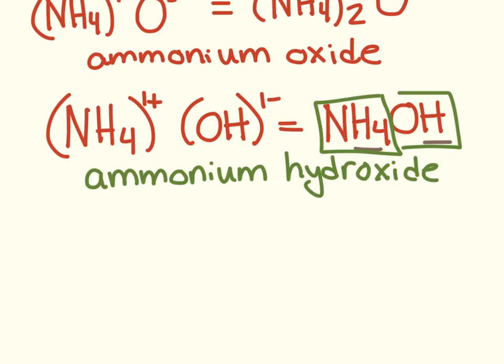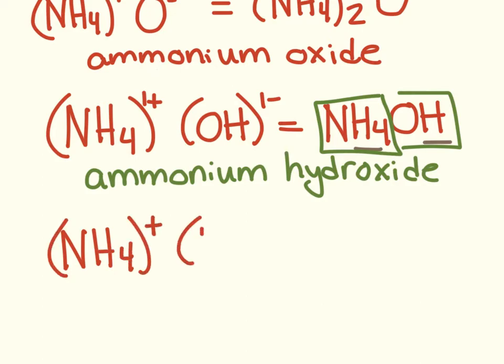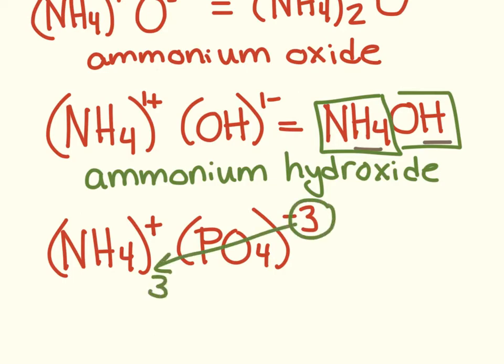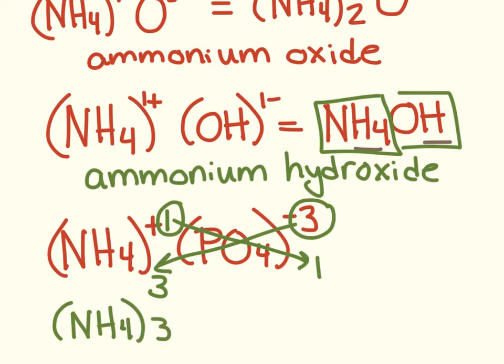Ammonium with phosphate, NH4. Again, positive charge, putting it with phosphate, PO4, with a -3 charge. It's now going to take 3 ammoniums to balance out 1 phosphate. And our compound formula will be parenthesis NH4, parenthesis 3.